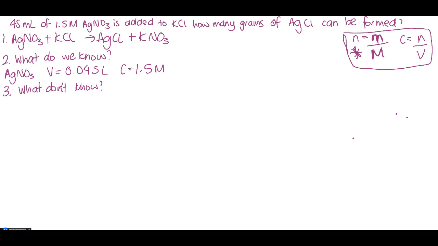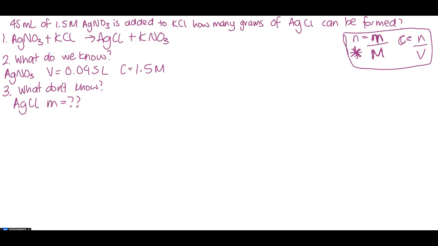So we need to start with this equation here and then move over to this equation, which is going to give us our answer. We don't know what the mass is, and that's what we need to find out.